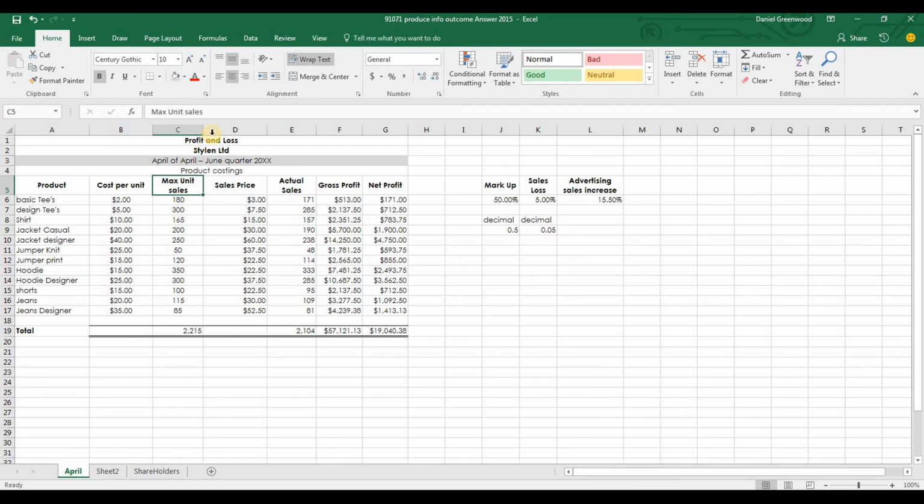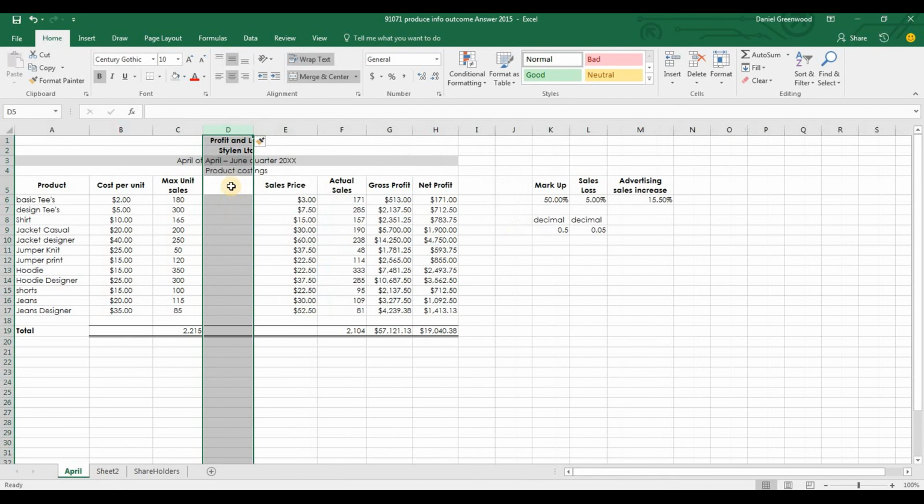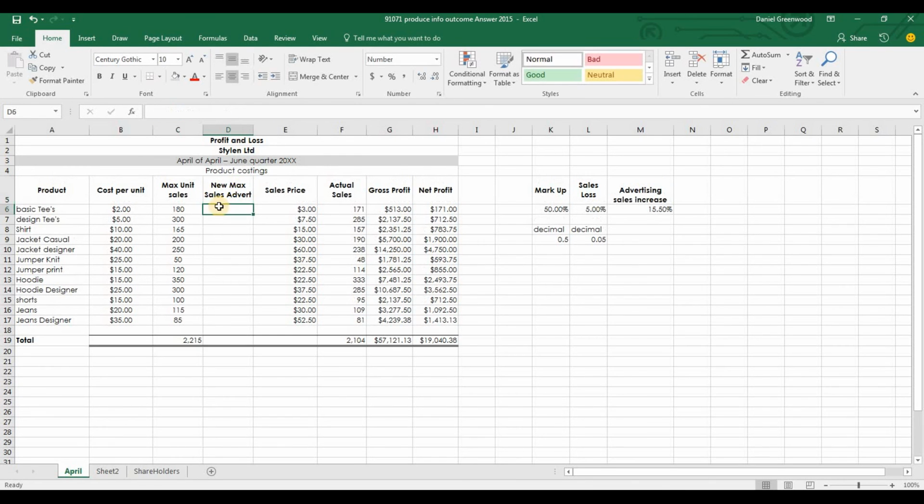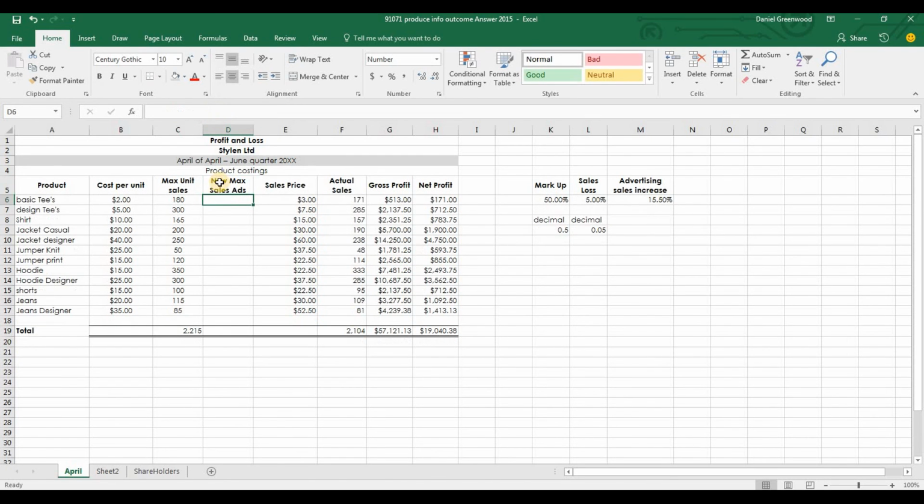So it was going to increase this, so I might as well just insert a new row and then go new max sales advert. I just put ads. Right, basically equals this number times by 1 plus this number, F4.